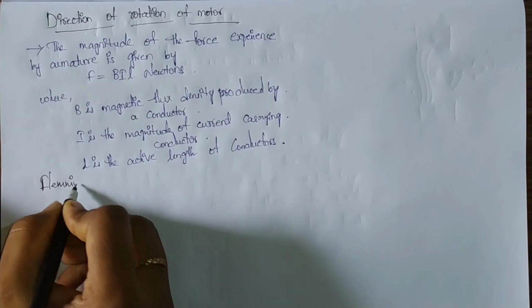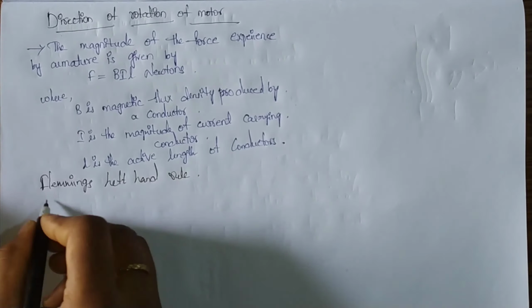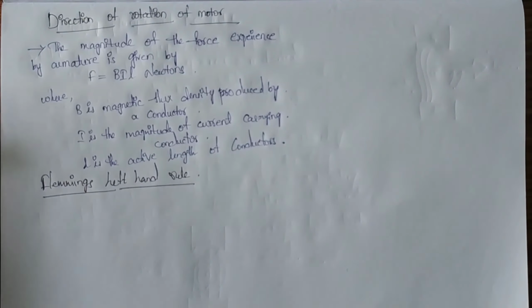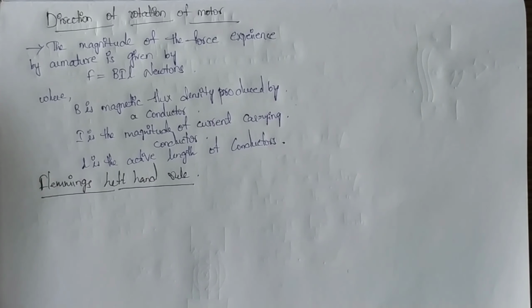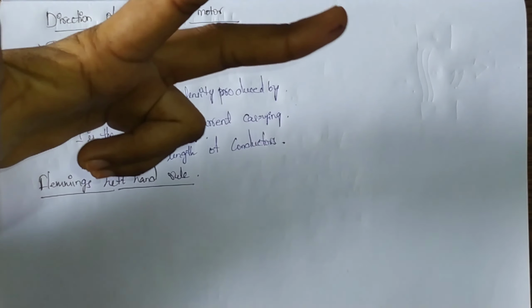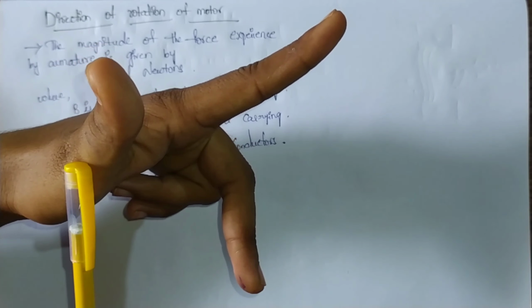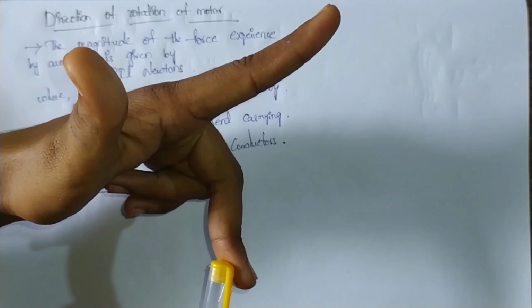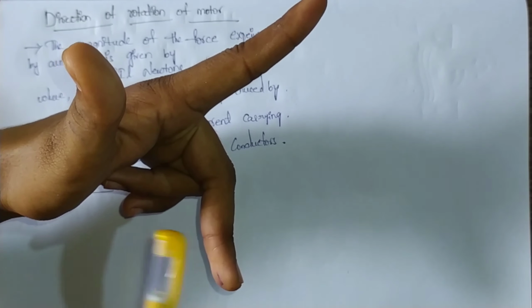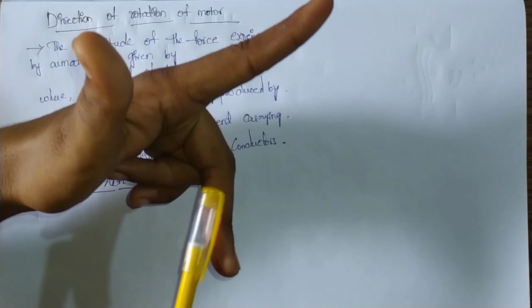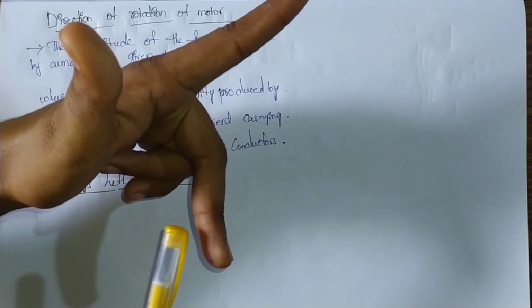The rule says to stretch the three fingers of the left hand like this: the forefinger, the middle finger and the thumb. These three fingers are stretched perpendicular to each other, at 90 degrees.